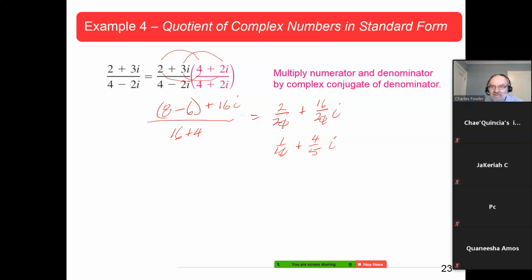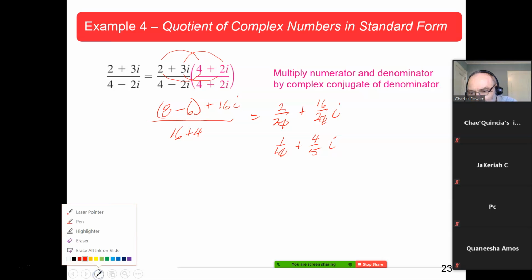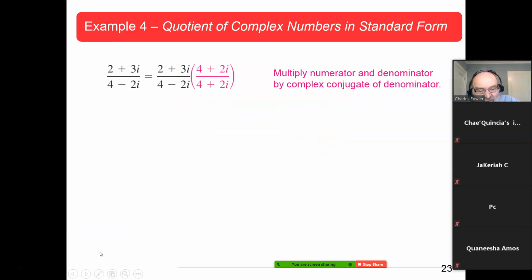Okay, now I did that quickly. I hope I didn't make a stupid mistake. Let's see if I did. I'm going to erase this part first so you could read what they do. And they pretty much did what I did.